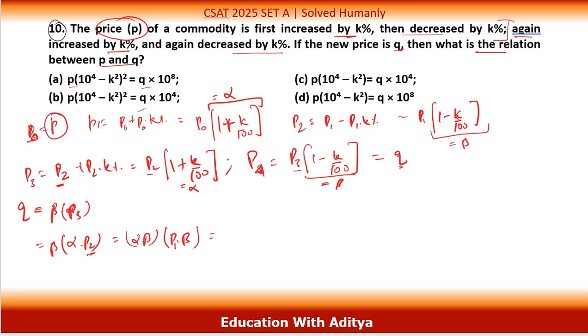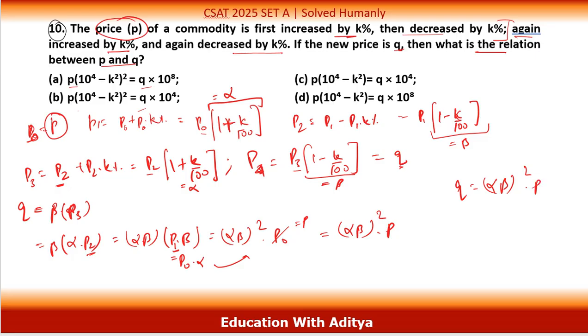And what is P1 equal to? P naught dot alpha. So there will be alpha dot beta square dot P naught. So I replace P1 with P naught dot alpha and we get this. And now P naught is equal to P. So what I have come out to is alpha beta whole square dot P. So Q is equal to alpha beta whole square dot P.